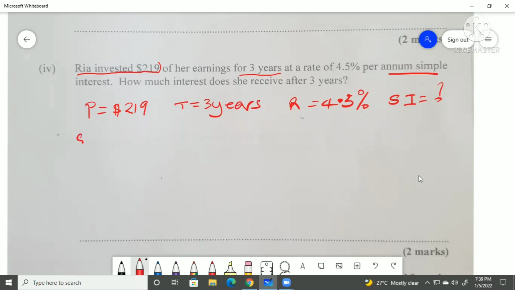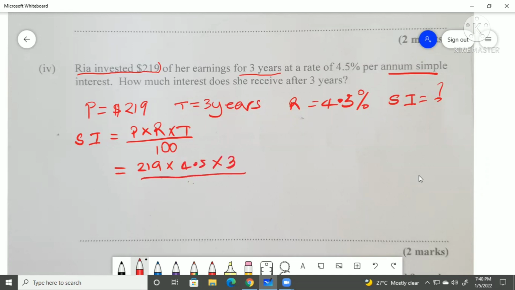The simple interest formula says that P times R times T over 100 would tell you how much money is made over whatever period of time. So in this case, we have 219 times 4.5 times 3, all over 100. All we have to do is use our calculators to work out these values very quickly.